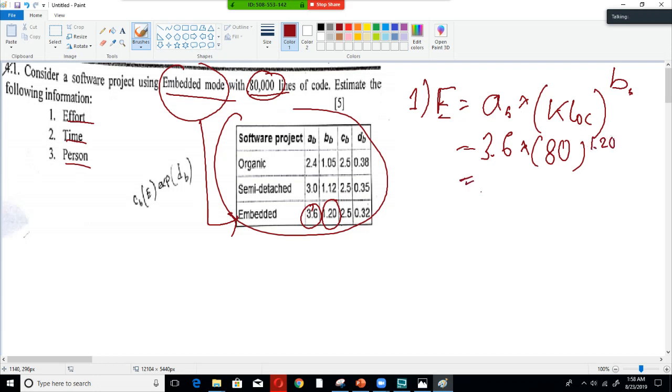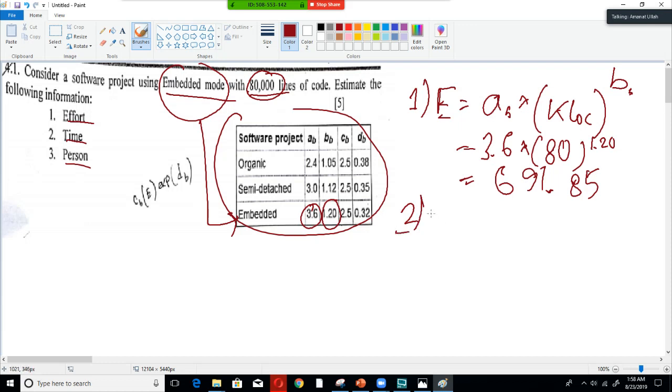If we calculate it with the calculator, we get 3.6 into 80 to the power 1.2. The answer is 691.85. So now that we have the effort, we'll next calculate the time.